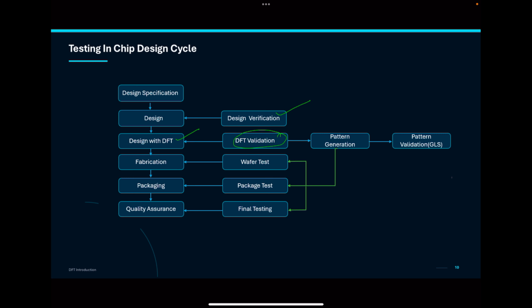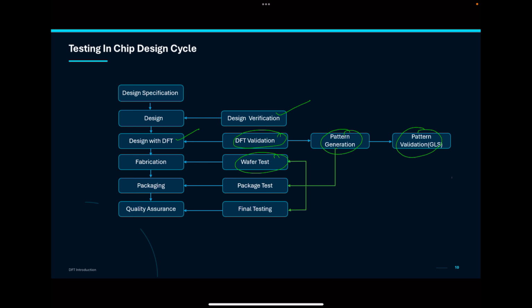Now comes an important step, pattern generation. Think of these patterns as a set of carefully designed questions that we will later ask every chip. Before using them, we validate the patterns through gate level simulation to make sure they will catch defects accurately. After fabrication, the real chip is here. We first perform wafer testing to identify faults in a die early.